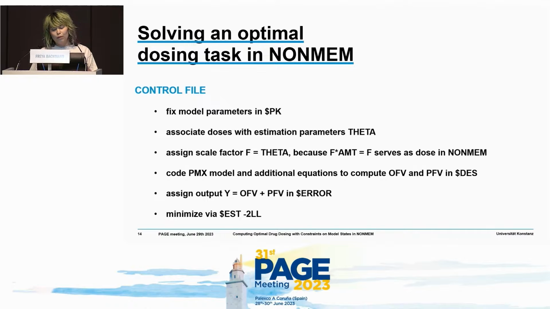So now NONMEM knows that theta is the dose. Then we code the pharmacometrics model and also the additional differential equations to compute the objective function value and the penalty function value in $DES, and assign the output to be the sum of the two in $ERROR. And then we can run the minimization via $EST -2LL.